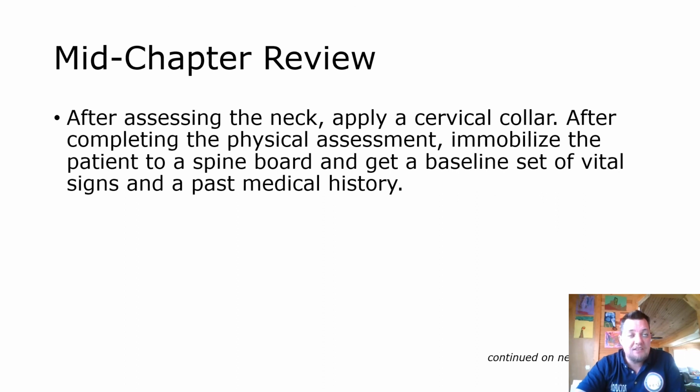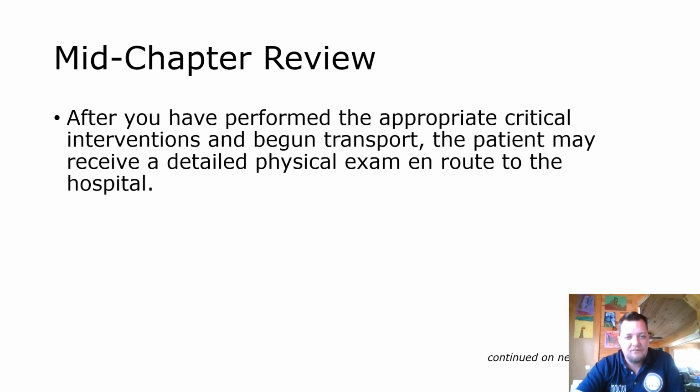Let me say something: if you don't do it systematically, you're going to miss something. So you need to do it the same way every single time, and it needs to be exact, okay? So after assessing the neck, apply the C-collar, and then after completing the physical assessment, immobilize the patient onto a backboard and get a baseline set of vitals and a past medical history.